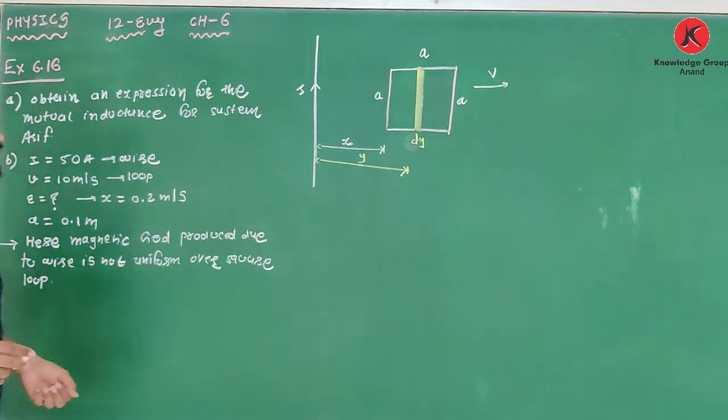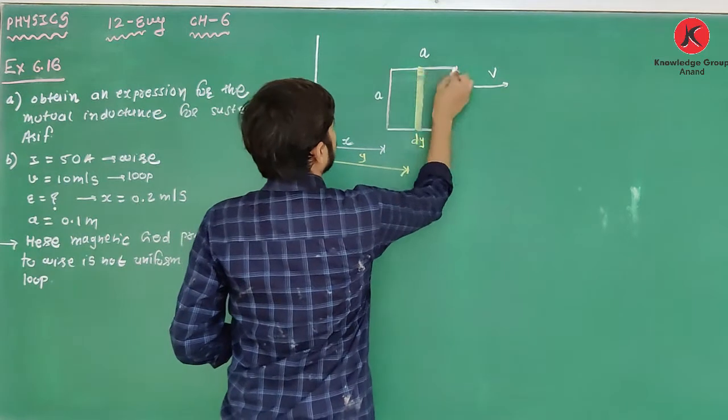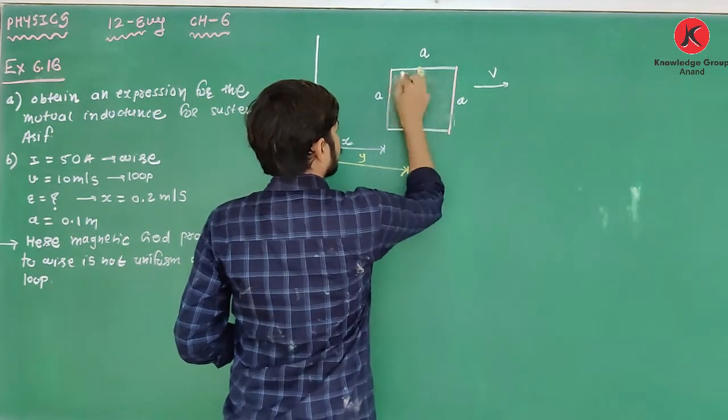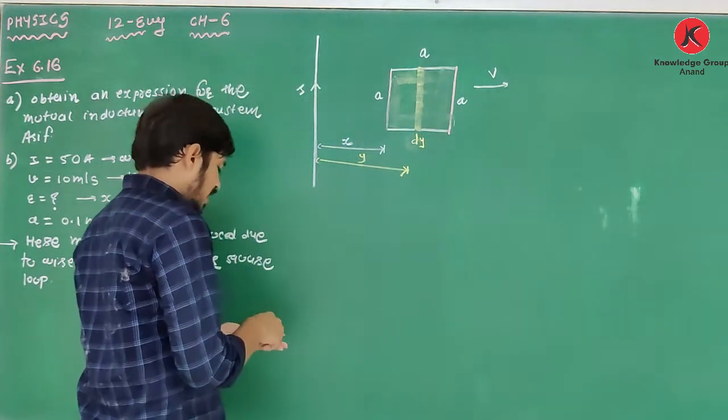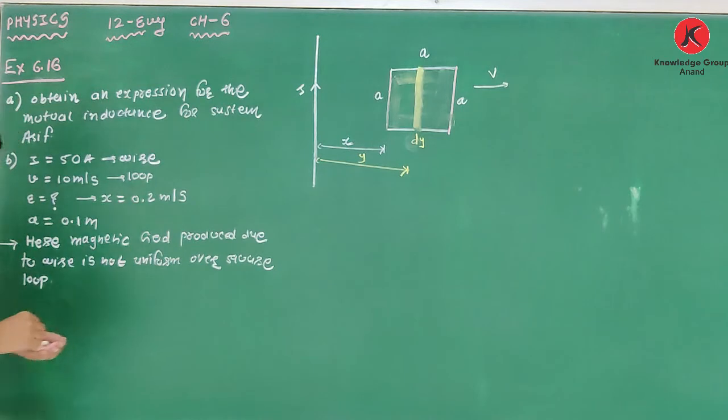So you have to divide this square loop into small elements. This whole square, you have to take each one element. Let it be one element. So see here, the magnetic field produced due to the wire is not uniform over the square loop.